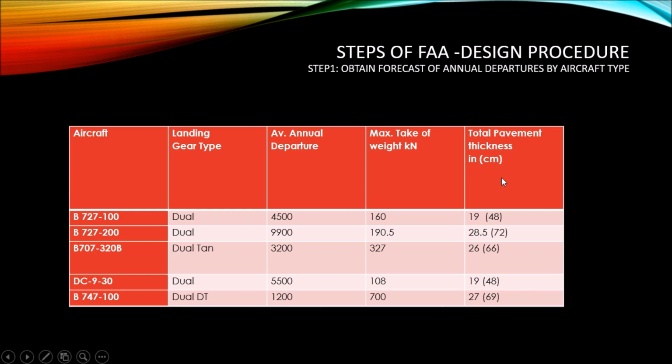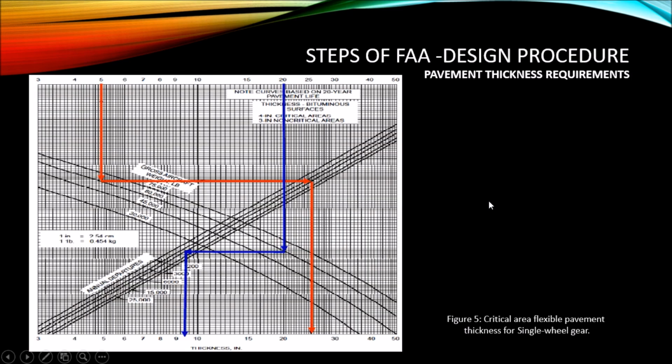Where do we get this value from? We use the graphs that were provided initially to read out the total pavement thickness for each of the aircraft, considering the aircraft type. From this graph, for the single wheel gear, we consider the CBR, the thickness using the CBR and the annual departure.